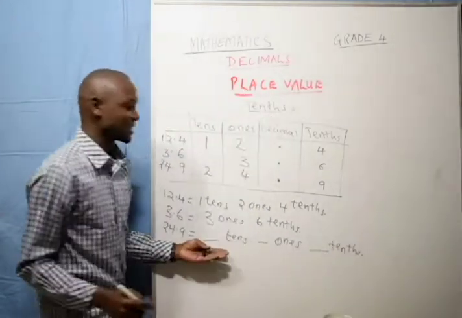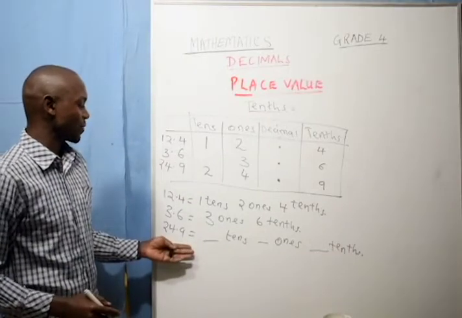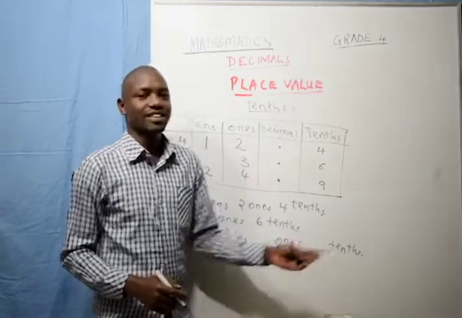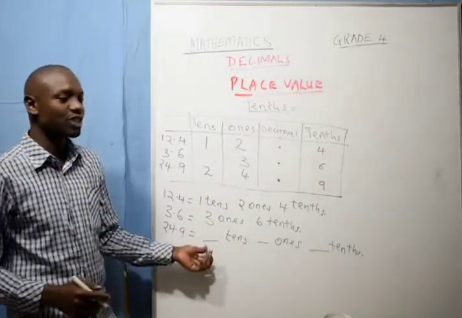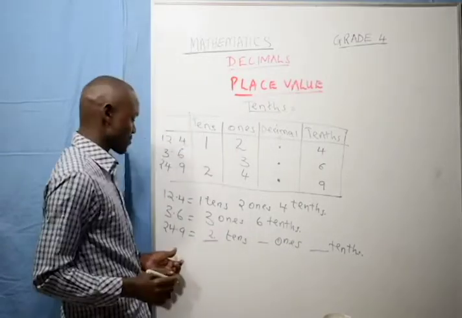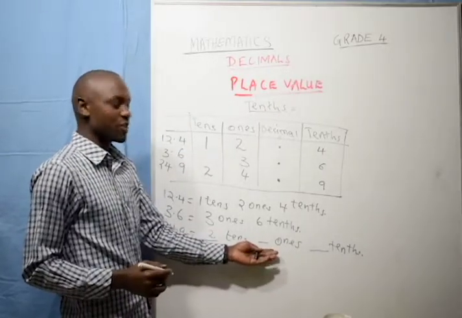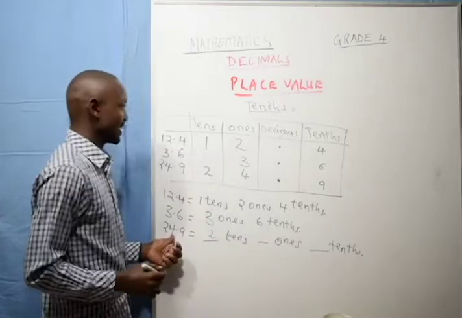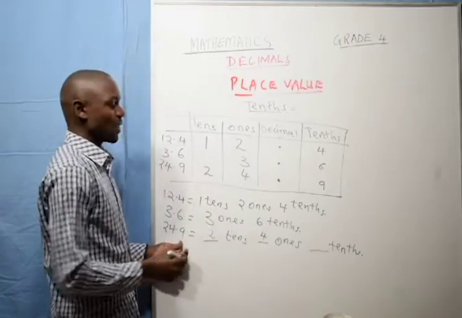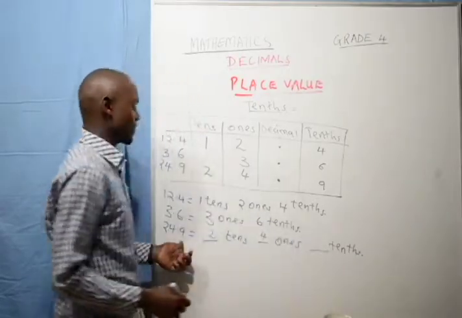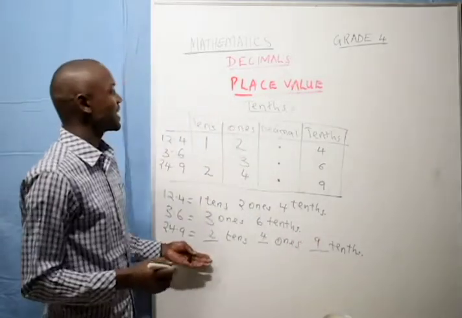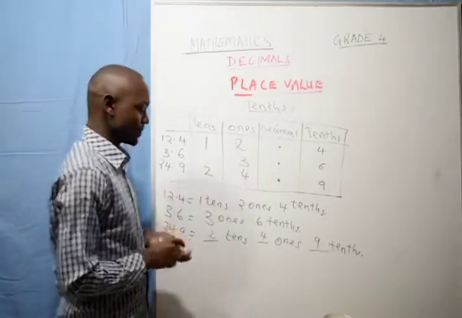How are we going to fill these gaps? The first dash will be digit 2. Very good. The second dash, the ones place value, is digit 4. Then the tens place value will be filled by digit 9. Very good. That is how we represent the tens place value.